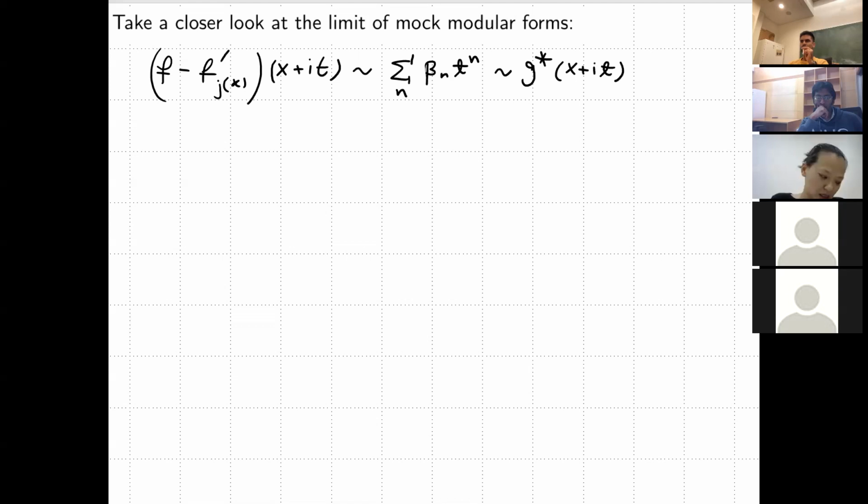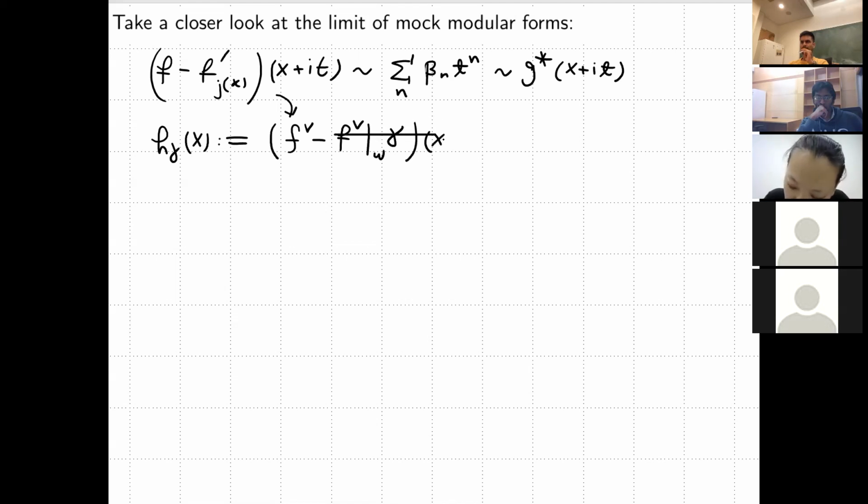So what you can see now is this. Consider again this co-cycle given by the function, namely the limiting behavior of this, with its modular image subtracted. And this is no longer 0. Instead, this is the same with f check replaced by G star.